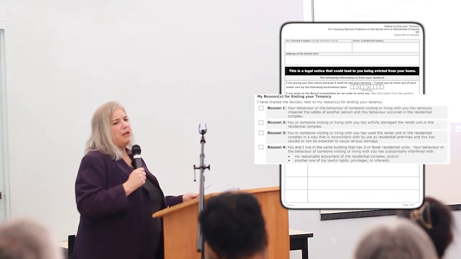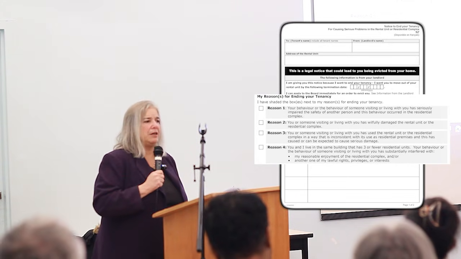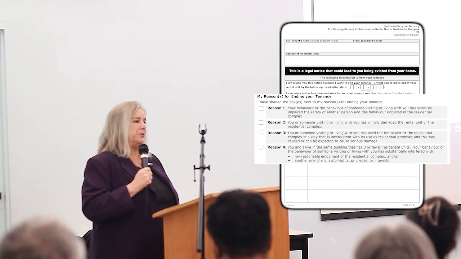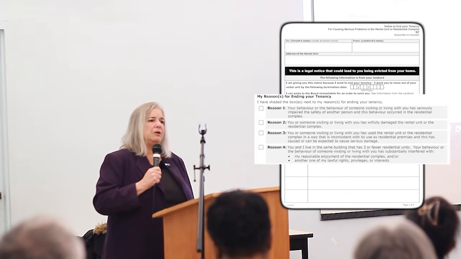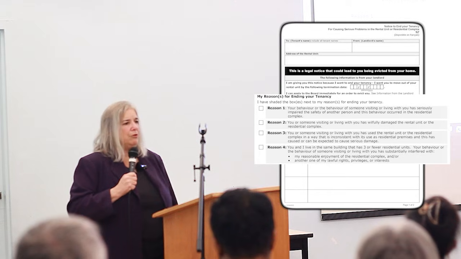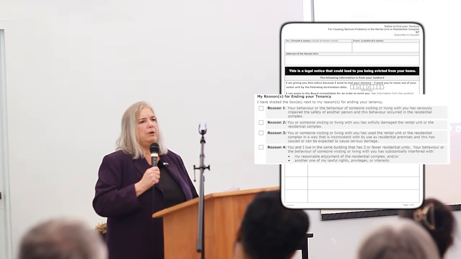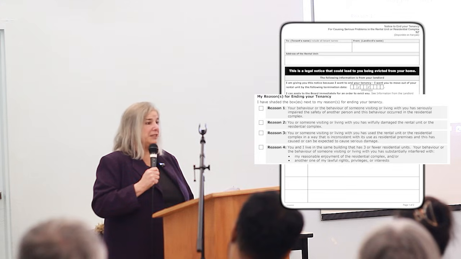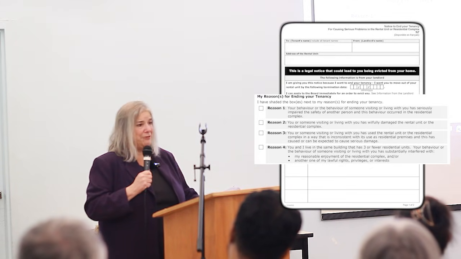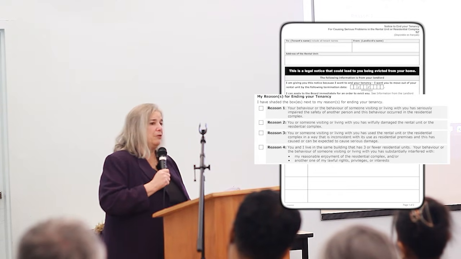The bar and the test on an N7 is so high that it is almost impossible to get an eviction on an N7. I will tell you that during COVID, I had a case where they were actually dealing in guns. In the unit, there was a cache of weapons, and people were coming in and purchasing weapons.